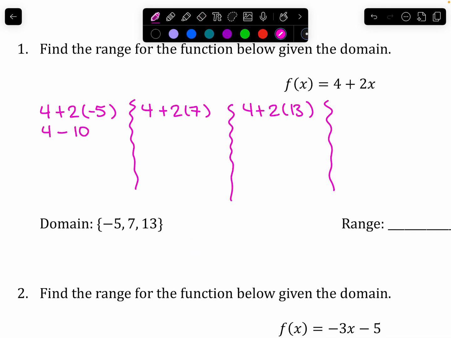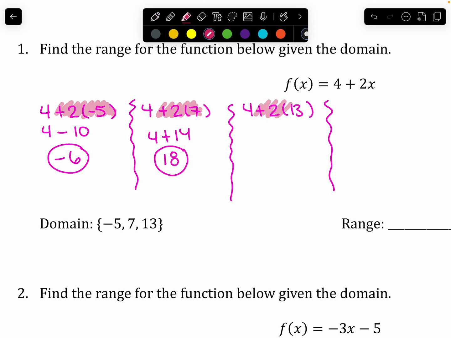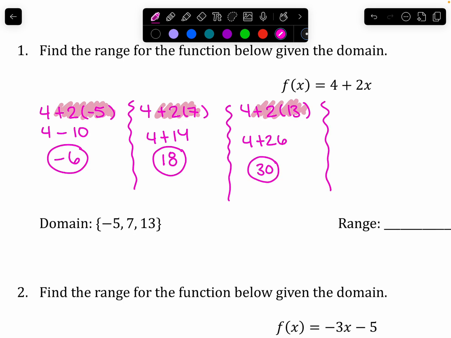So this first one is going to be 4 minus 10, because I've got to do 2 times -5 first. 4 minus 10 is -6. Here I'm going to do 2 times 7 first, so that's going to be 4 plus 14, which is 18. And then over here, I'm going to do 2 times 13 plus 26, which is 30.